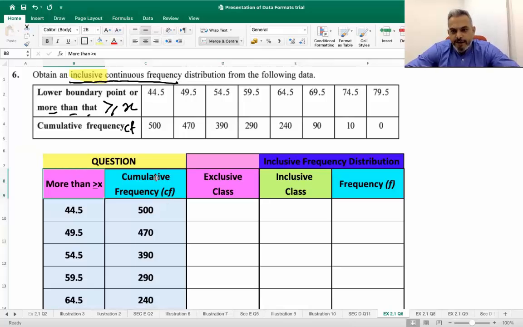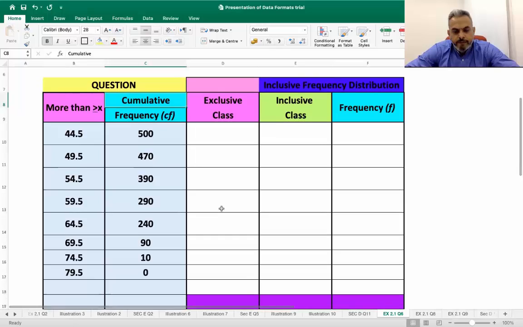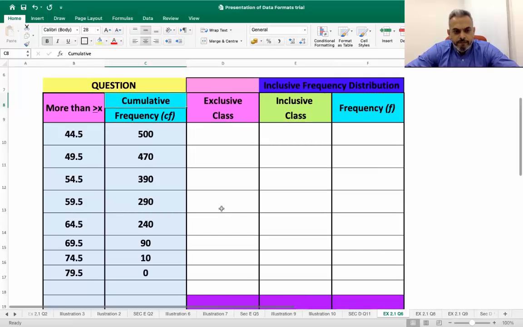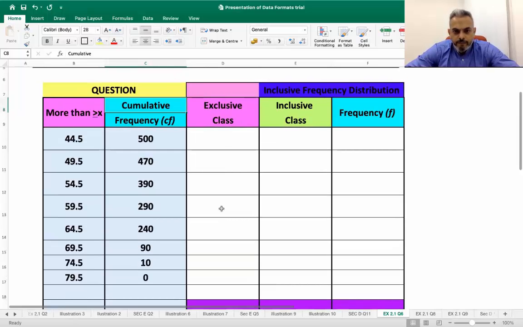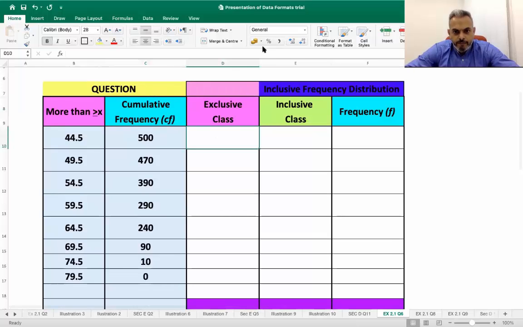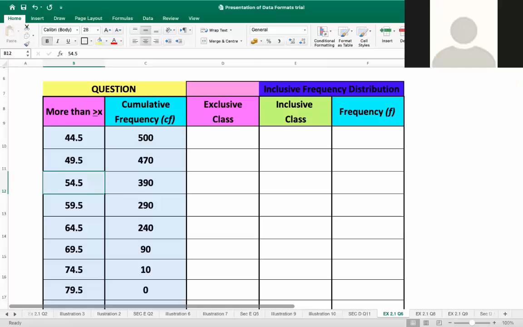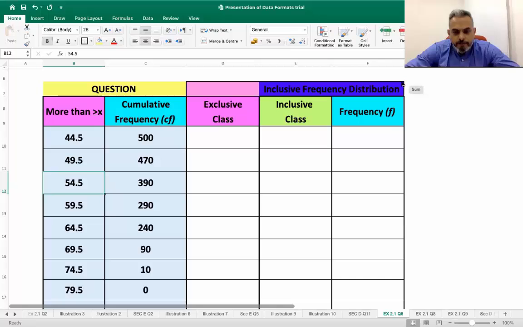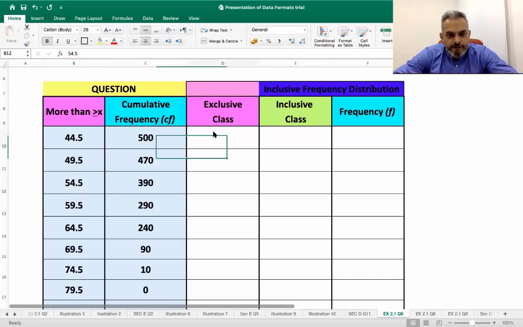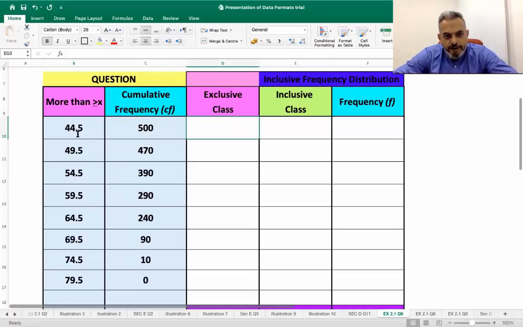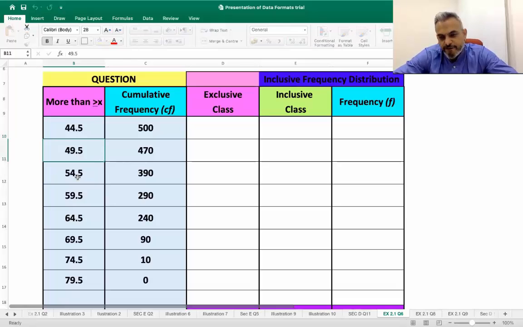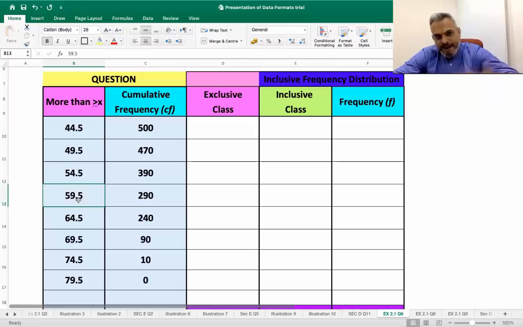Then cumulative frequency. Over here, first, we all know 44.5, 49.5, 54.5, 59.5. So the class length is 5.